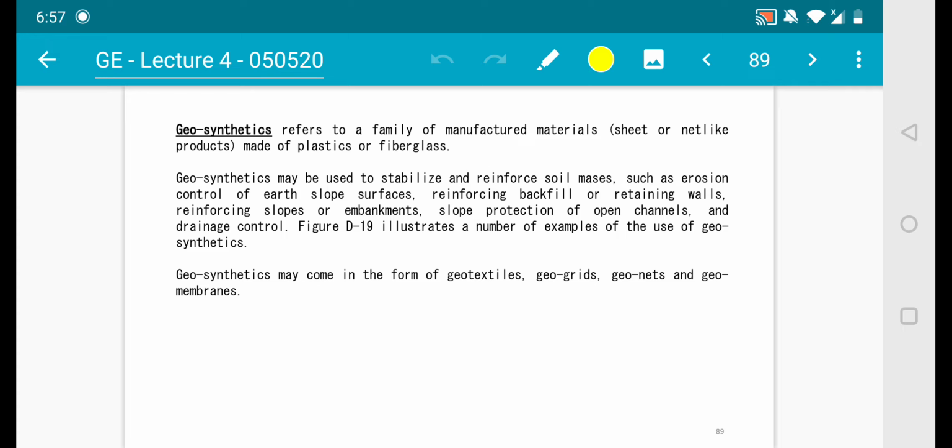So that's the chemical. Just spread it in the soil and it will have some reaction to stabilize. Now the fourth stabilization is by using geosynthetics. This refers to a family of manufactured materials, sheet or net-like products made of plastic or fiberglass.